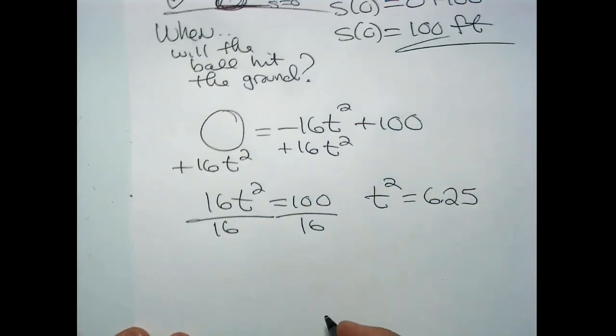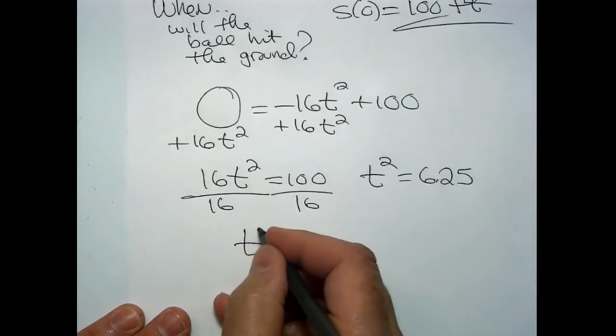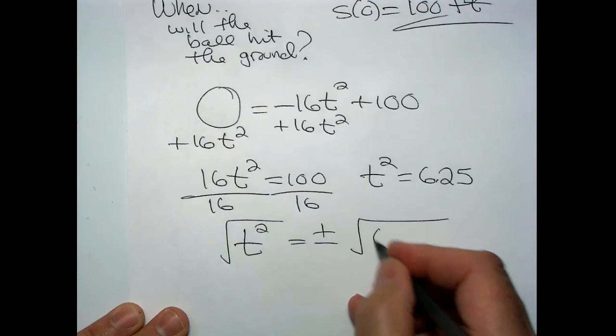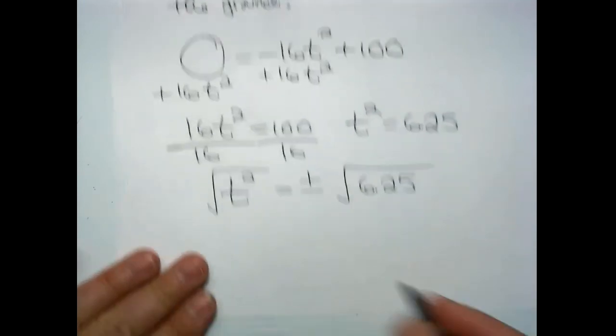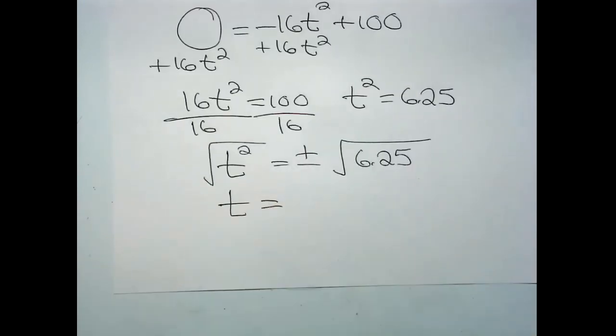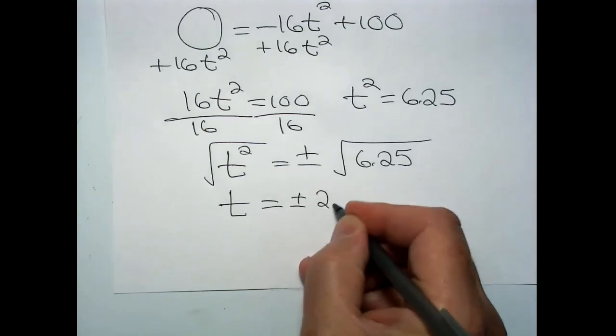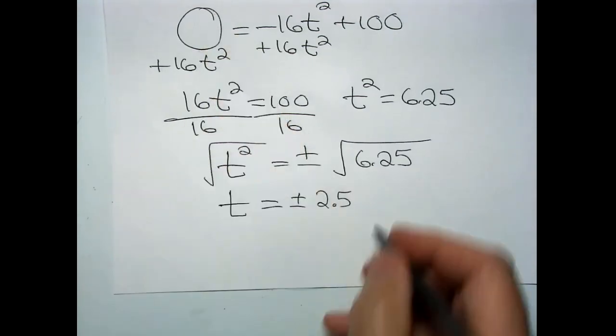Now, what is the time it takes to hit the ground? Take the square root of both sides to find out. Now, whenever you take a square root, you always put a plus or minus so you get both answers. So the time it takes to hit the ground is plus or minus the square root of 6.25, which actually ends up being 2.5. And this, by the way, is in seconds.